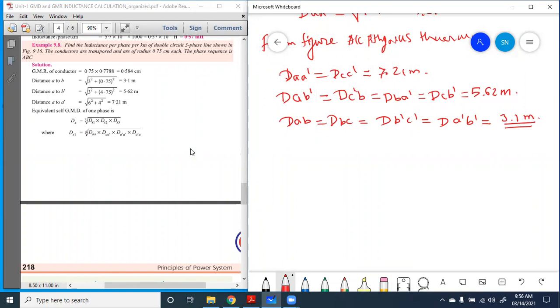Now, using these distances, calculations are to be done for the self GMD and mutual GMD.